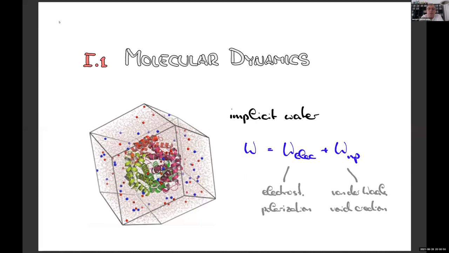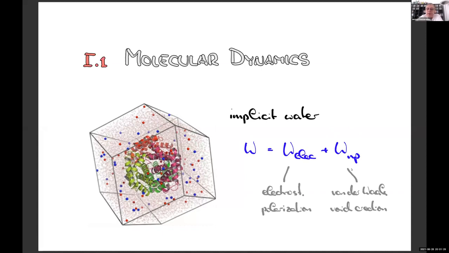When you do molecular dynamics, there are all kinds of ingredients. First, we need the chemical formula so that we can create a geometric object which is connected in the way the formula dictates. Then we need energy functions, in particular electrostatic, polarization, van der Waals forces, and the second is WNP for non-polar interactions.